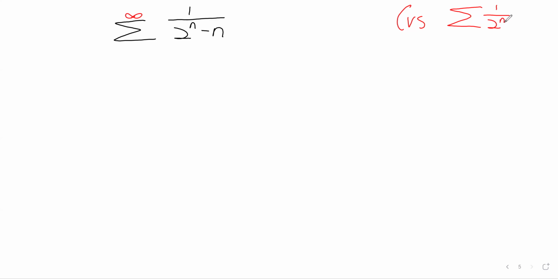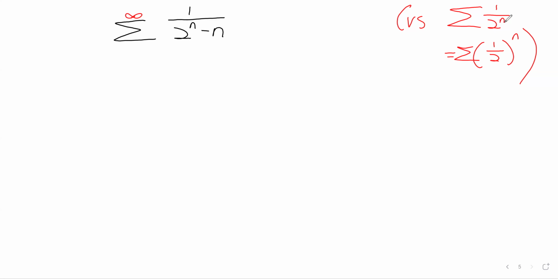1/2^n is geometric. It's not written quite like a geometric series, but we can rewrite it as (1/2)^n. And (1/2)^n converges, since 1/2 is less than 1. So this should look like 1/2^n, and 1/2^n converges, so the original series ought to converge. It looks like a convergent thing.